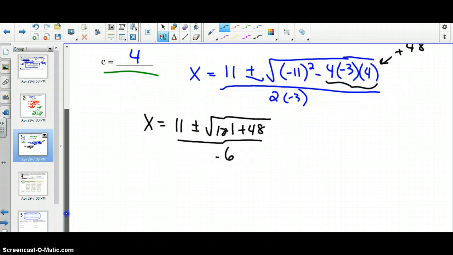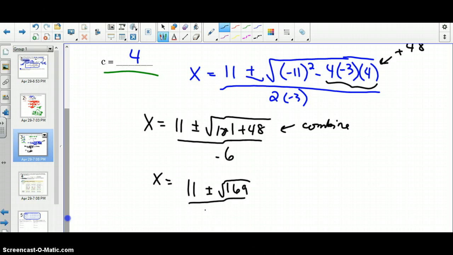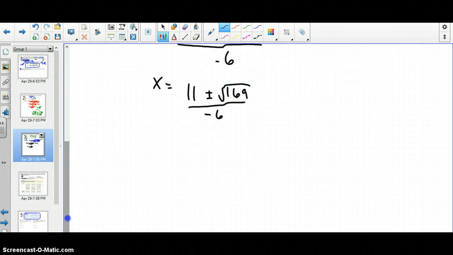All right, keep simplifying. So I'm going to add what's underneath the radical here. So x is equal to positive 11 plus or minus the square root of 169 divided by negative 6. So x is equal to 11 plus or minus 13 divided by negative 6. So I have two options from here.